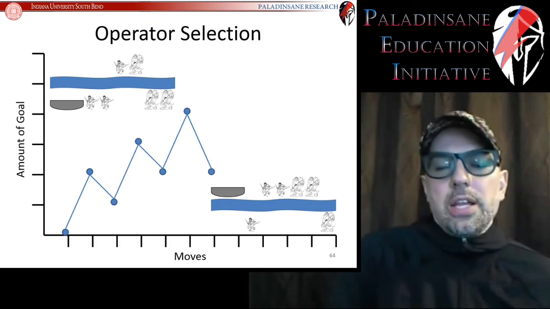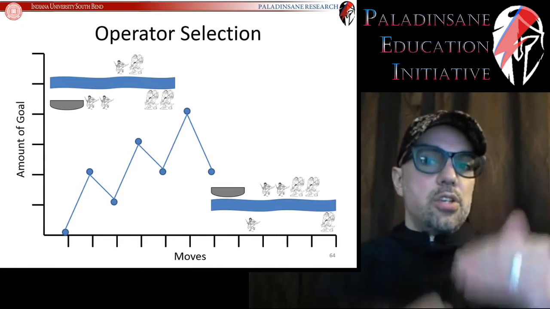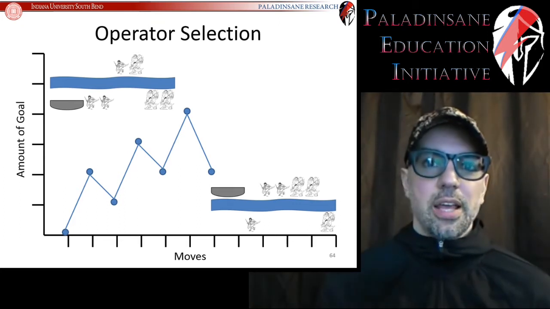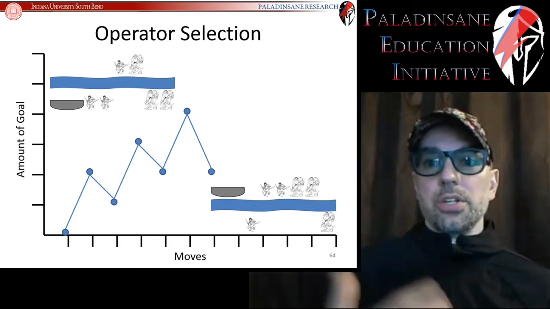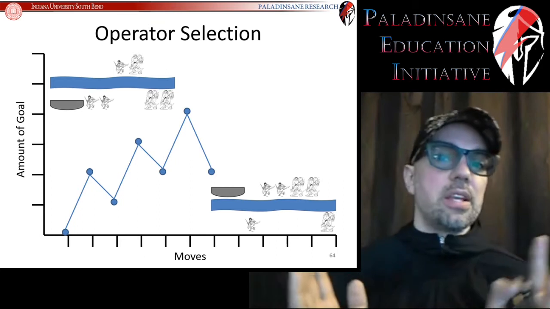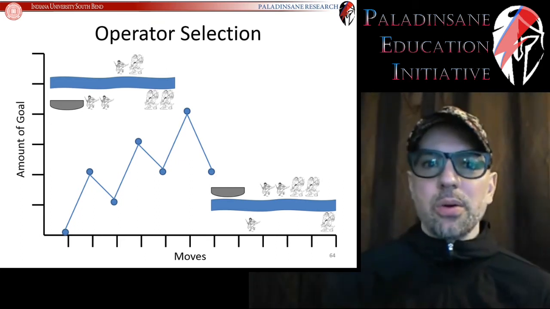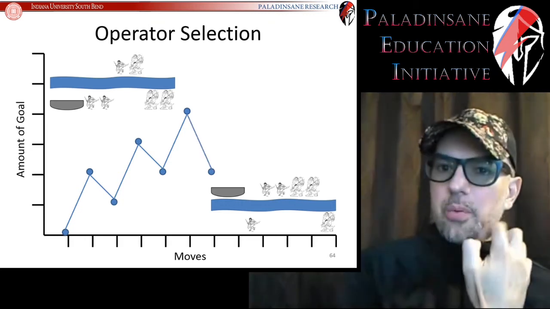So backup avoidance is coming in, and we're undoing the progress that we just did. Difference reduction is inhibiting our progress because we want to reduce the difference by the least amount, right? We're really struggling to only send one person back. We don't want to send two people back. We don't want to go that far back down in our progress.